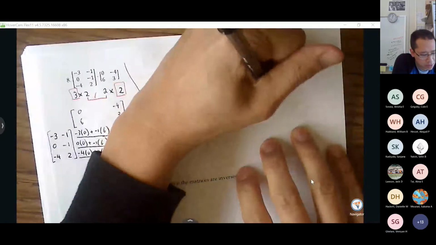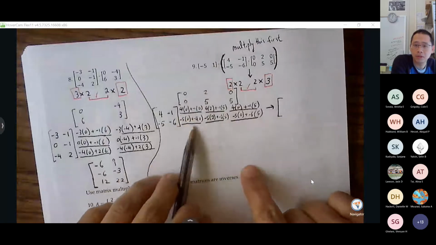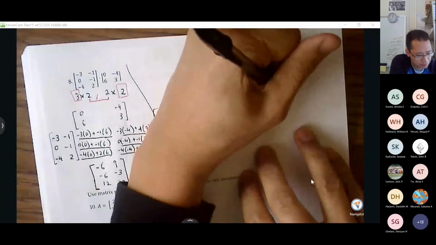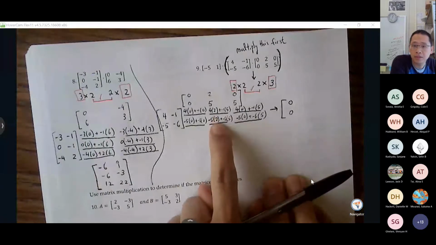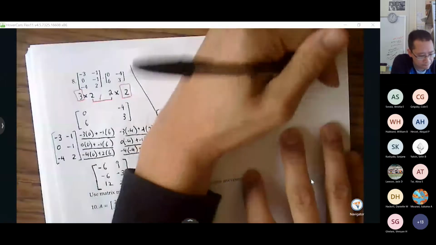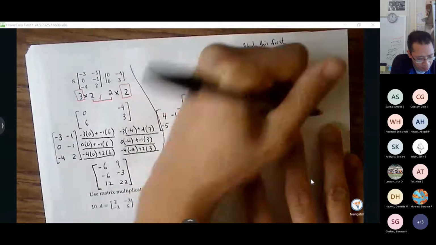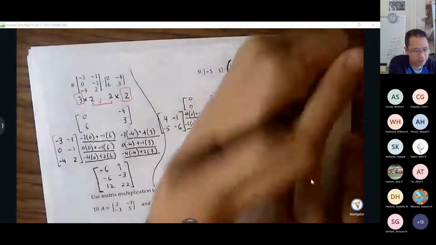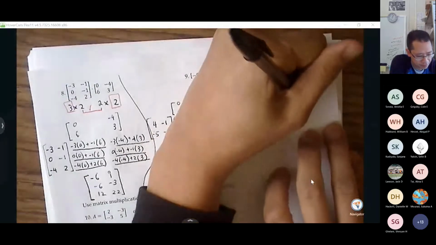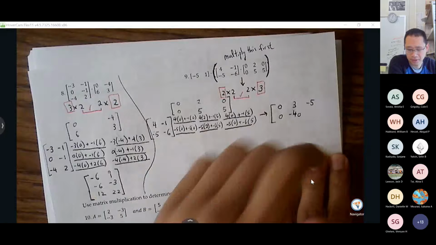Okay, let's get that resulting matrix. This is 0, this is 0. 8 minus 5 is 3. -10 minus 30 is -40. Okay, 0 minus 5. And 0 minus 30.